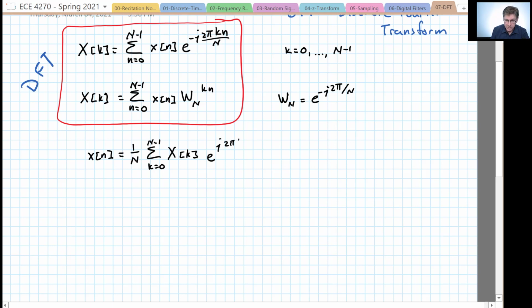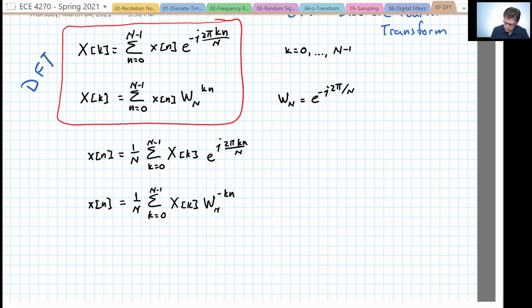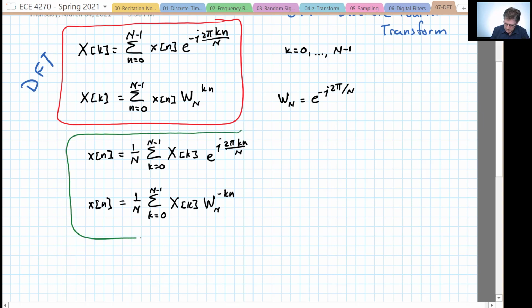The only way it differs from the forward DFT is that we have the 1 over N out front, and the sign on the j component has changed. You'll notice that the sign on the W is opposite of what it is on the e, because W is defined as already having the negative exponent.